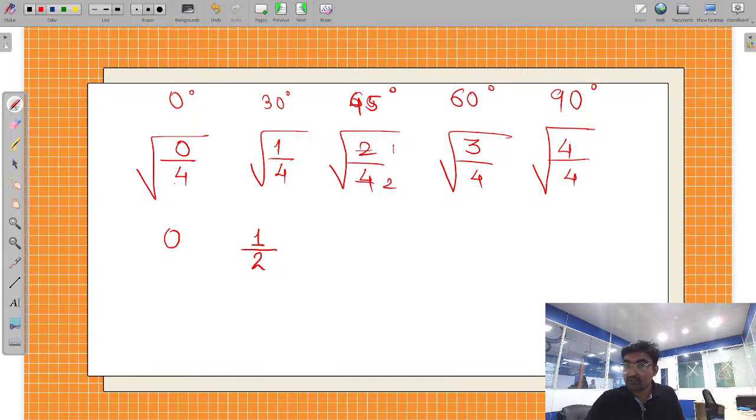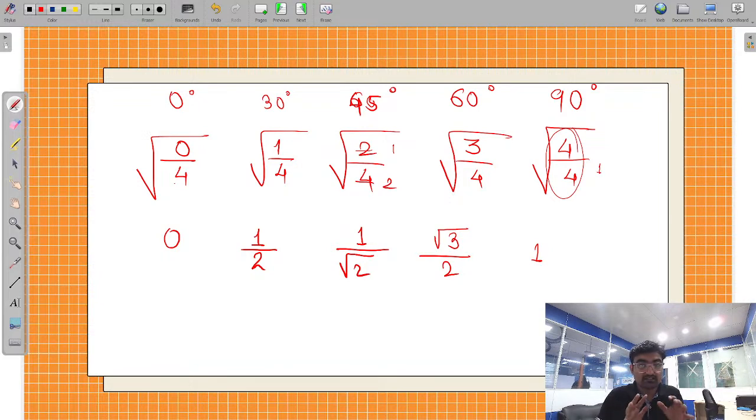And with 1 by 2 under the square root, square root of 1 is again 1, but the square root of 2 is going to be root 2, correct? Now the next thing is 3 by 4. Square root of 3 we don't know, so we'll put it as root 3, and for 4, root 4 will be 2, correct? Now the next thing, 4 by 4 is 1 and square root of 1 is 1. It's a bit different, the reason why we are doing it, but just stay with me.